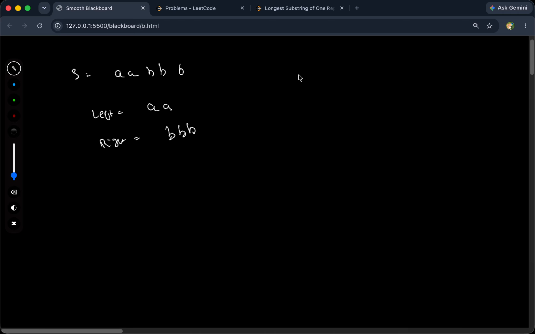Our tree looks like this. For the left child, left character a, right character a, prefix is 2, suffix is 2 and best is 2.